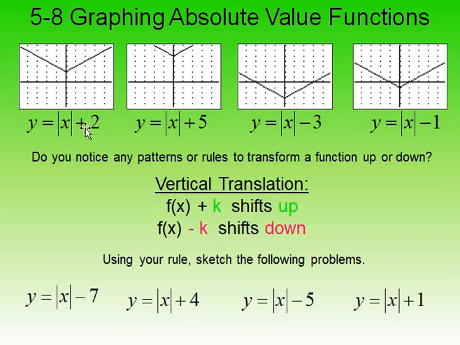If they are subtracted, my V shape, or the absolute value function, is going down. If they are added, the V shape is going up.